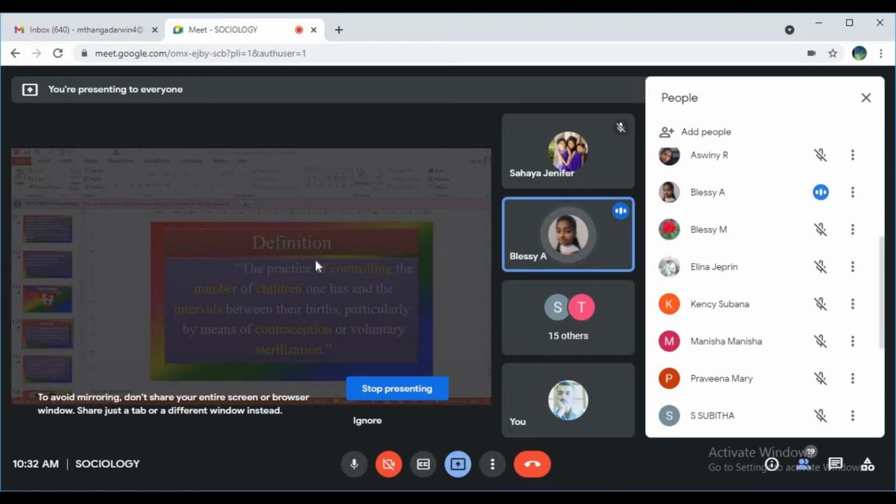The practice of controlling the number of children and the intervals between their births, by means of contraception or sterilization. Excellent. Thank you, Blessy.